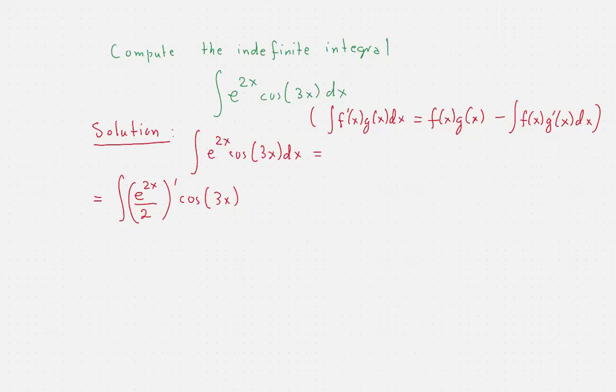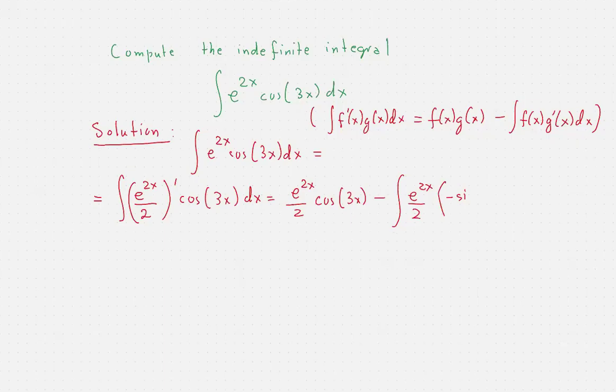So this will be e to the 2x over 2 times cosine of 3x, so we skip the prime. And we subtract the integral where we pass the prime on to cosine of 3x. And actually, let's do this right away. What is the derivative of cosine of 3x? The chain rule again implies that this is negative sine of 3x times 3, right?